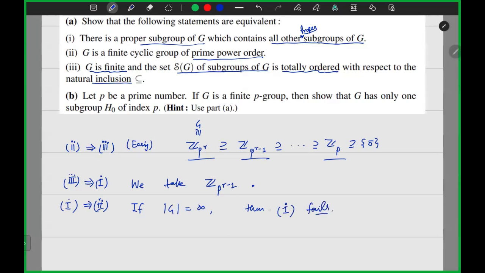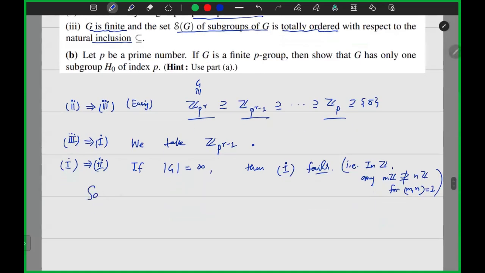For example, if G is Z, 2Z does not contain any other pZ. Any mZ does not contain nZ unless gcd of m and n is m. So the order of G should be finite.